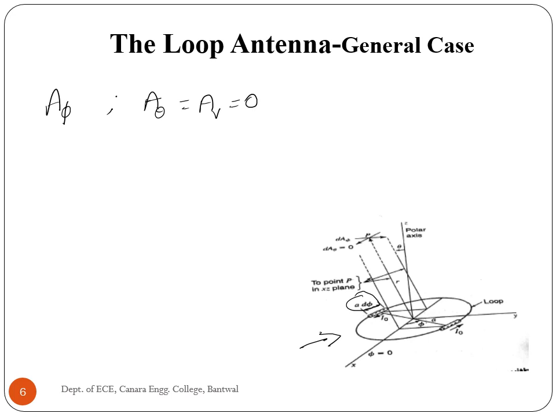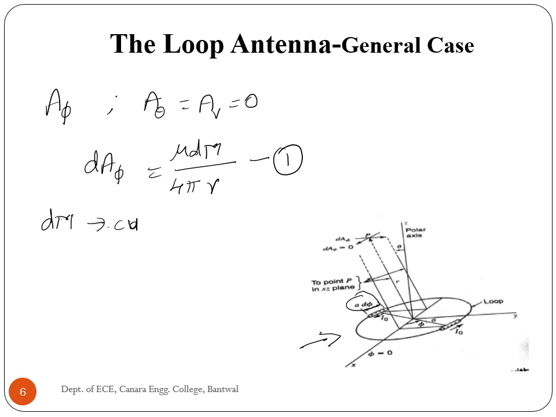The small value at the point P of the phi component of A from two diametrically opposed dipoles is dA phi, which is equal to mu dm divided by 4 pi r, where dm is the current moment due to one pair of diametrically opposed dipoles of length A d phi.